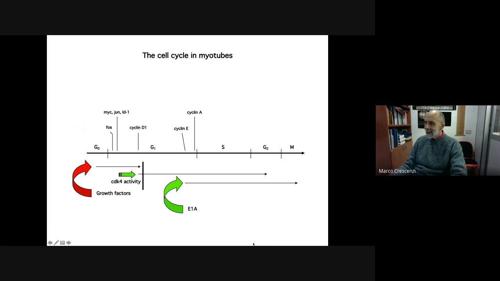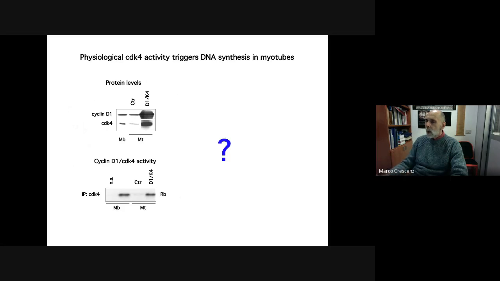And that told us what this obstacle was all about. Now, we still had a paradox. Why did we need such a large expression of the two proteins in order to obtain a physiological amount of CDK4 kinase activity?